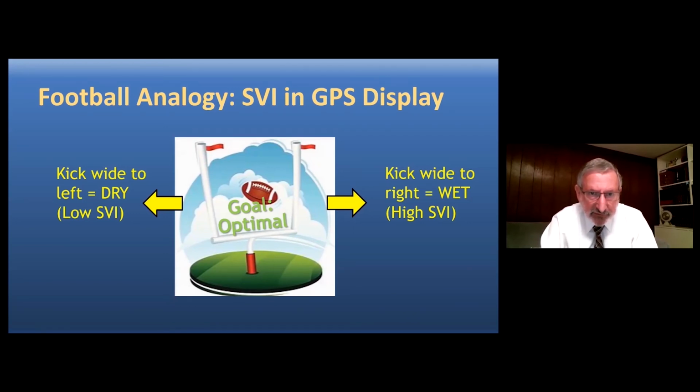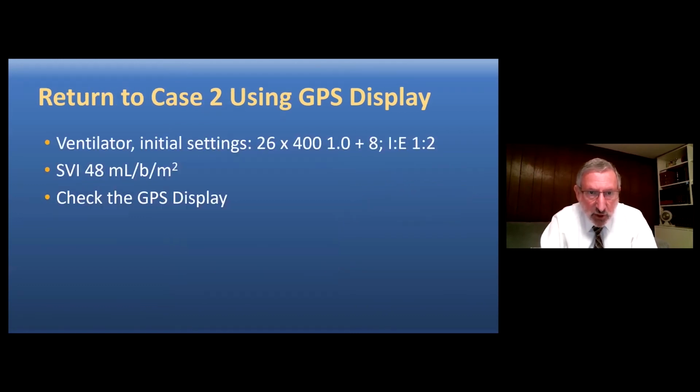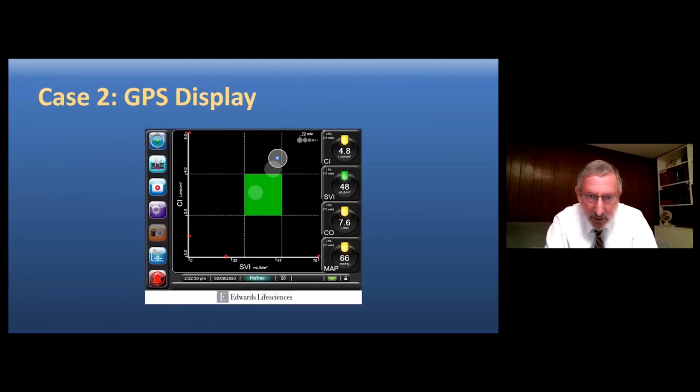So for this case that needed de-resuscitation, we start out with the first numbers, which were an SVI of 48. And here's the 48, not yet higher than 47 by much, tickling the right goalpost, warning us we may be getting wet.